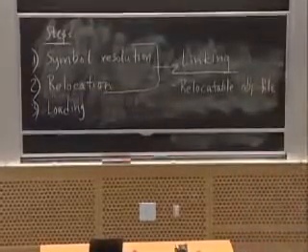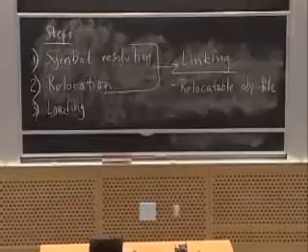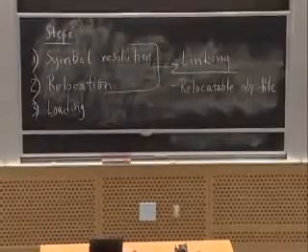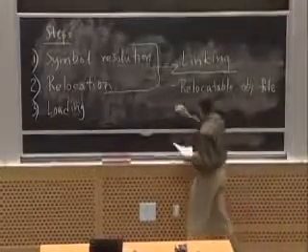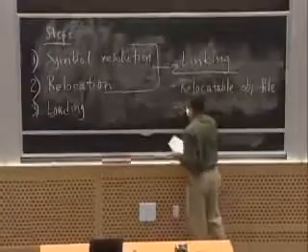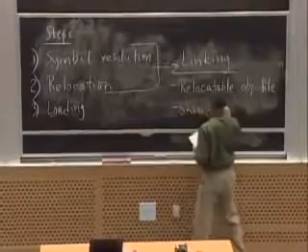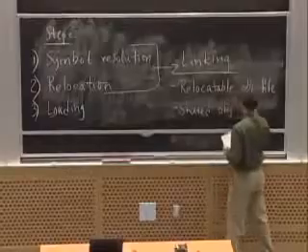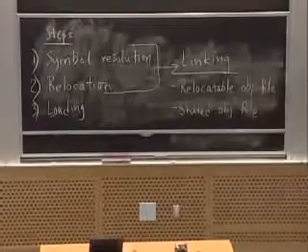The first kind is a relocatable object file, and that's what we're going to be spending most of our time on. The second kind is something called a shared object file.